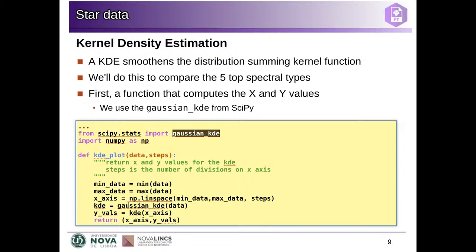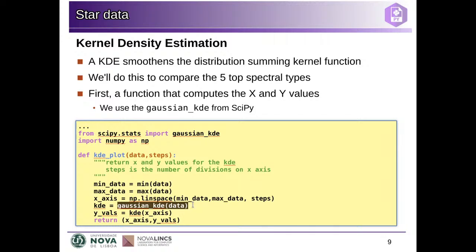And this is easy because we just give our data points to the Gaussian kernel density estimation, and this returns a function that we can use to input some x value and obtain the y values for the kernel density estimation. So this may be a bit confusing at first, but this function, Gaussian KDE, returns an executable object.